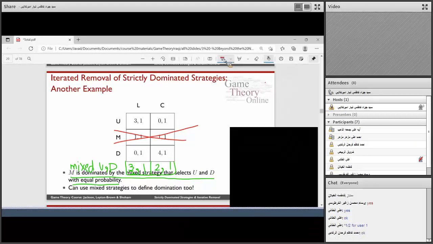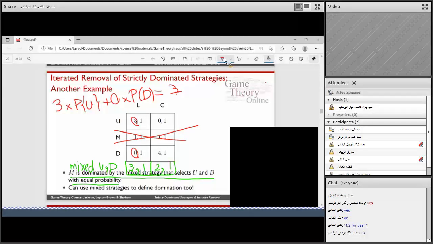Okay, I'll show you. So this is 3, right? This is 3. And this is 0. If I play U 50% of the time, 3 times P of U plus 0 times P of D gives me 3 halves plus 0, which is 3 halves.